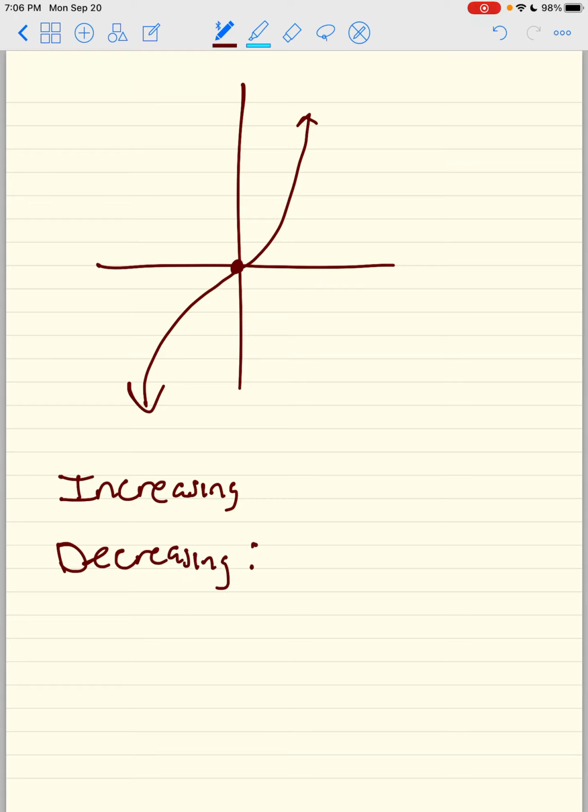Well, we know it's not coming down anywhere, right? Here's your function. Follow the arrows. It keeps going up and up and up. So, therefore, from negative infinity to positive infinity, it just keeps increasing and increasing and increasing. So therefore, there's no place where it's decreasing.